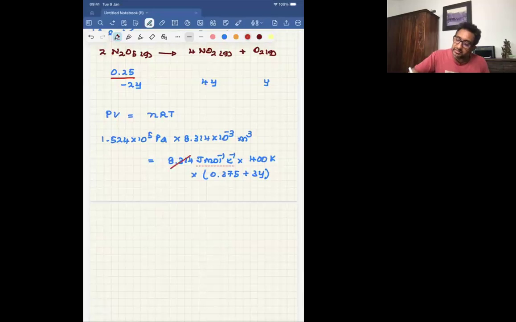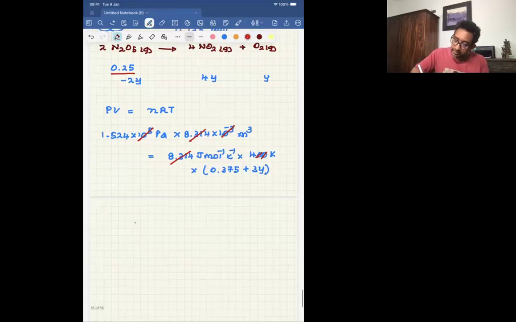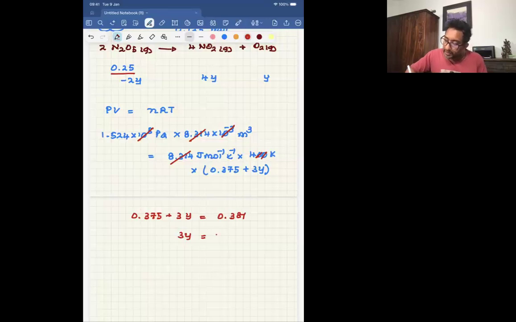So let us see whether we can simplify. 1.524 divided by 4. 0.375 plus 3y is equal to 0.381. 3y is equal to 0.381 minus 0.375, which is 6 × 10^-3.